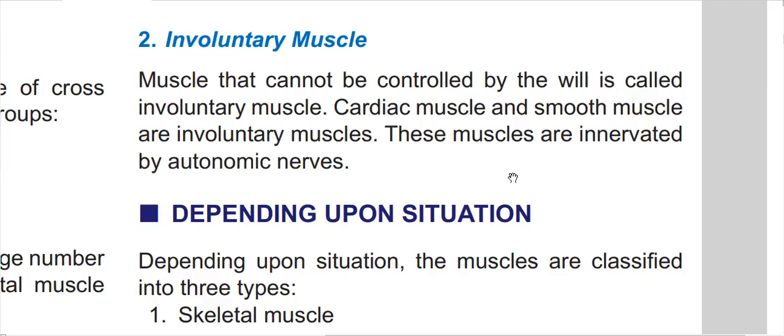The brain itself controls it, contracting or relaxing when there is a signal from the brain. There is no involvement of our will. That's why they are called involuntary muscles.